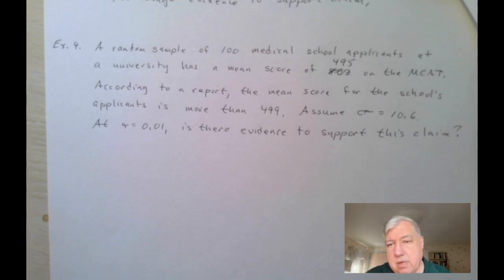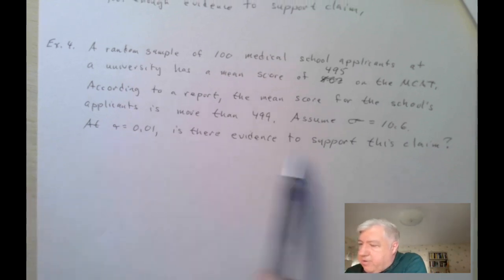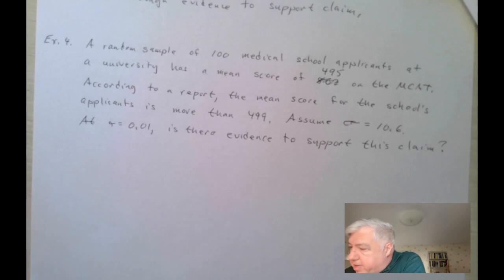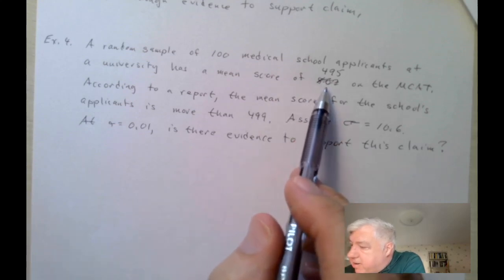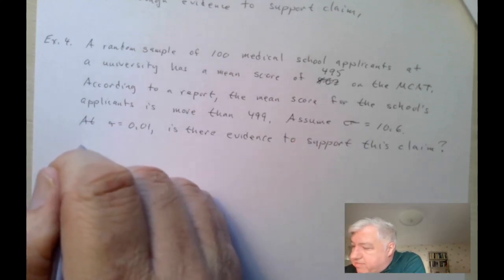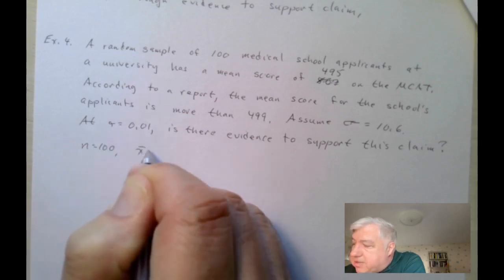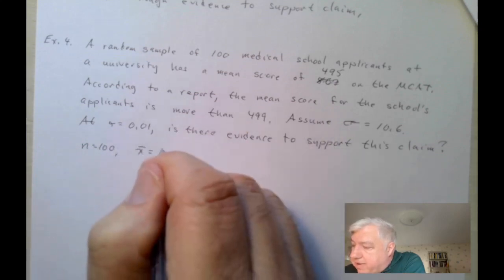All right. Now, let's try writing this out. In terms of equations, our sample info says that n is 100, and our sample mean is 495.